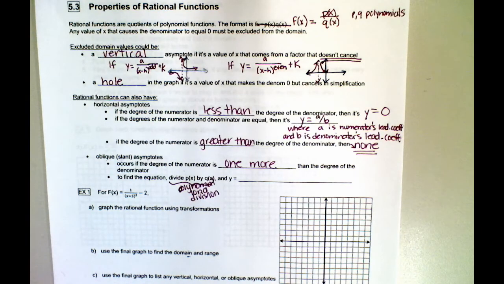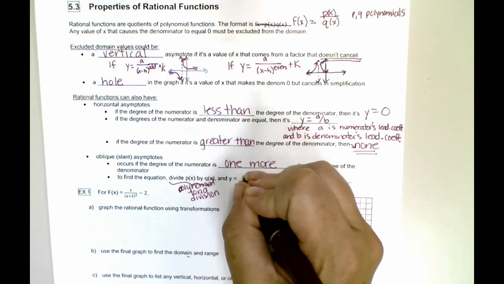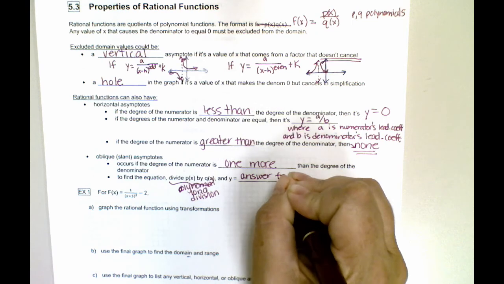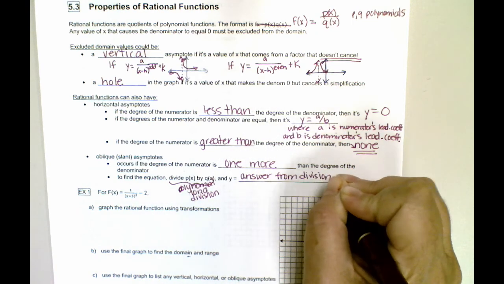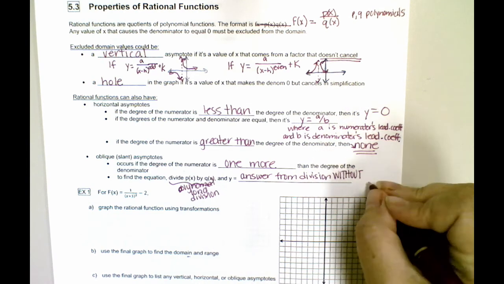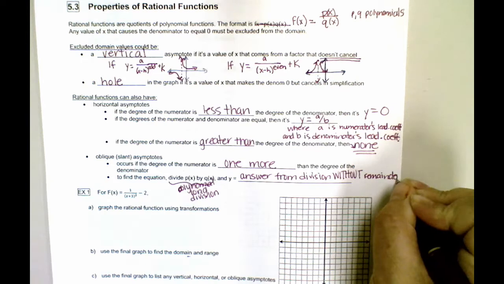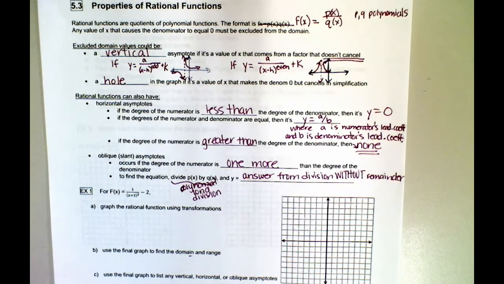Most of the time it has to be long division. And the answer is y equals the answer from the division without the remainder. So if there's a remainder when you do the polynomial long division, you leave the remainder out. We don't need the remainder.